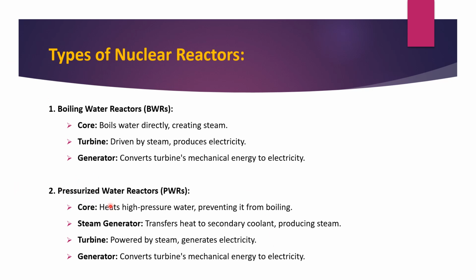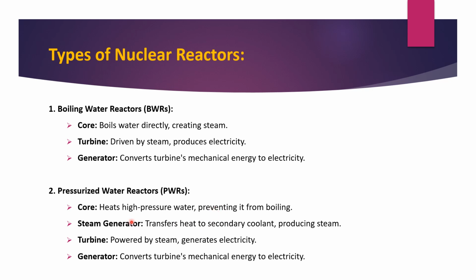The second one is the pressurized water reactor. Here the word is pressurized, meaning we are pressurizing the water in the core, which prevents it from boiling, so we are not converting water into steam. Why?